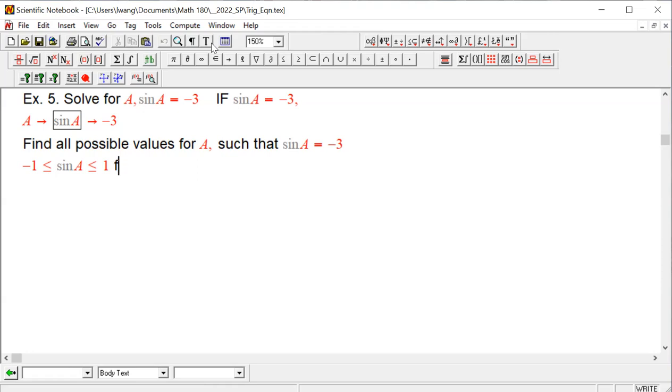This is true for any value A. So for any value, sine will never be exceeding 1. It will never be below -1. So what do we have? Do we have a solution here? Of course, I hear you. No solution.